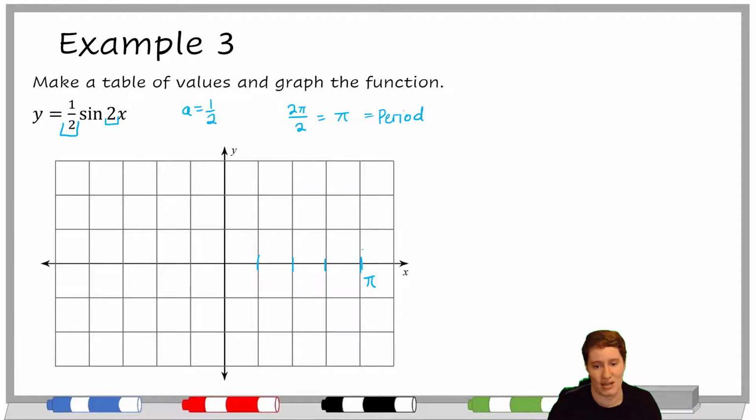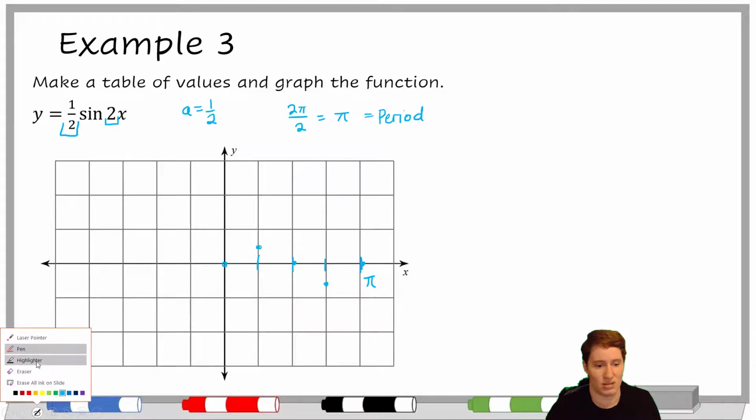If we put pi here, then as we're drawing sine, we start at 0, we come up to a half, go down to 0, come down to a half, come up. So it's not as obvious that we've shrunk this horizontally, because all we've done is changed our scale so that this is happening by pi instead of 2 pi. That's one way to graph it.